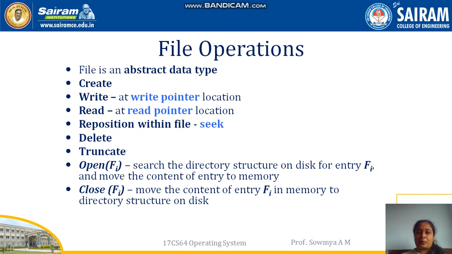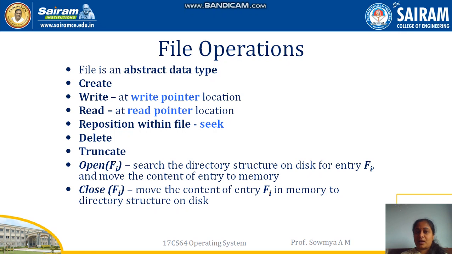Next one is file operations. A file is an abstract data type, so we can have operations like create. Whenever you want a file to be newly created, the create operation is used.